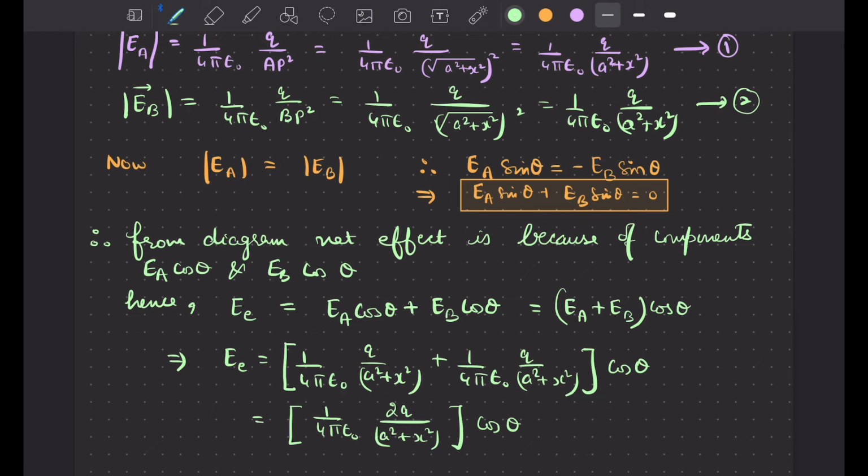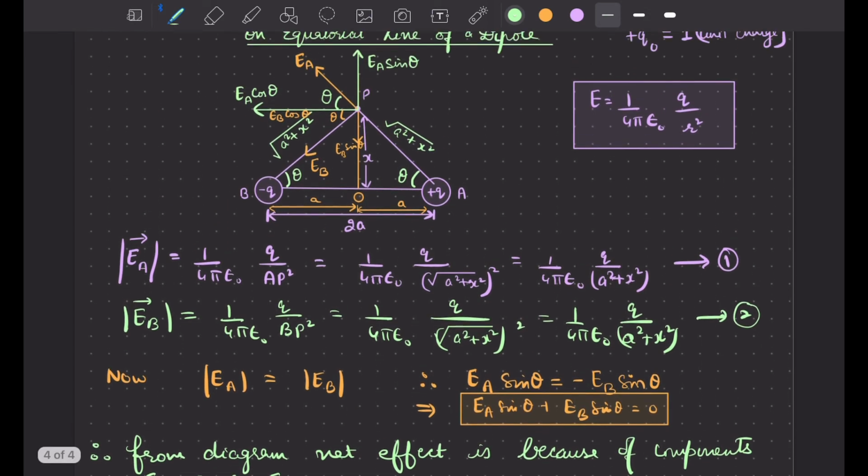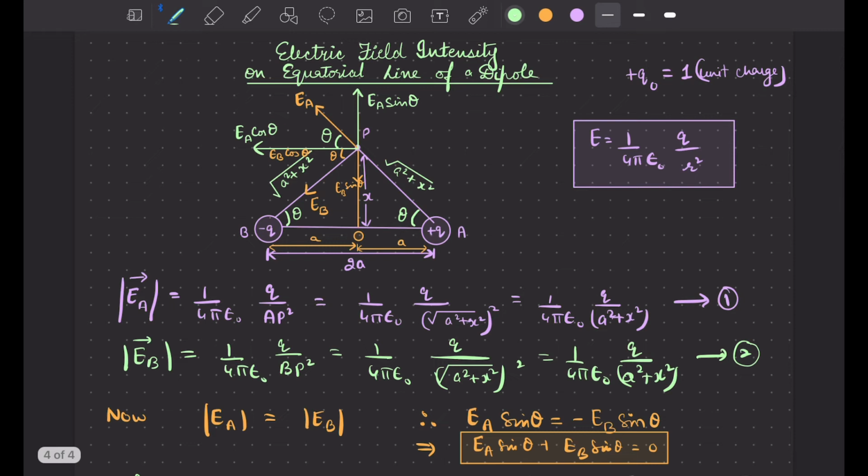In the very next step I want to put the value of cos theta, and obviously, to put the value of cos theta I have to consider the diagram once again. We know cos theta is equal to base upon hypotenuse. Here we have angle theta, and in front of the angle we have OP as the perpendicular, and OA will be the base.